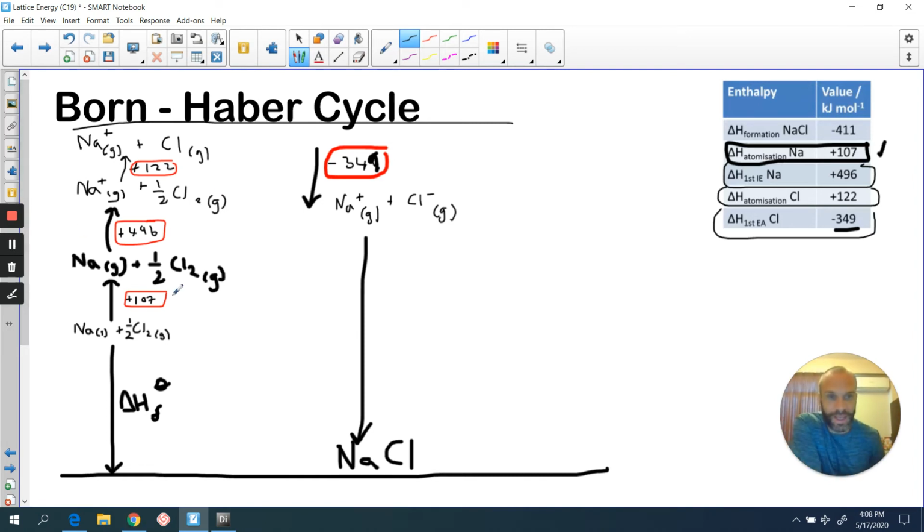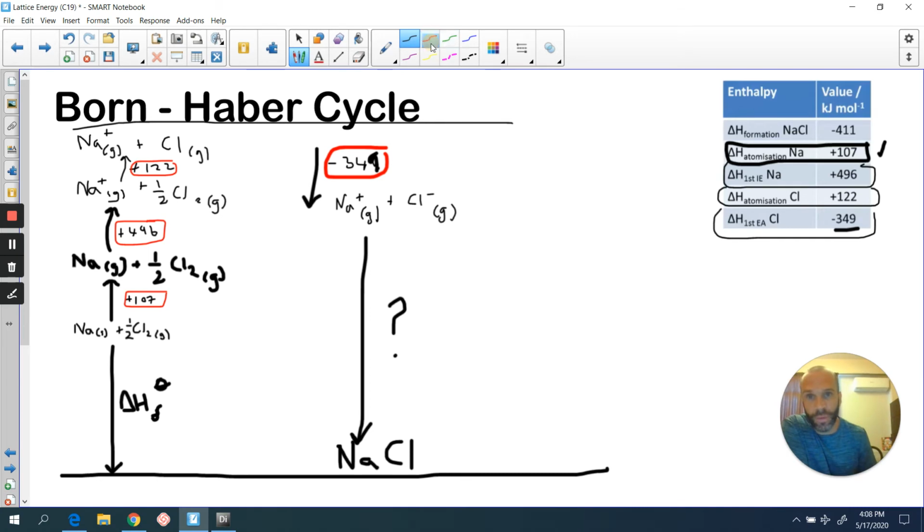Now, in terms of understanding, this is what's really key. This value here, we are trying to calculate, but the problem is we can't do it experimentally. It's not possible. So this is where Hess's law comes in. Effectively, we are going to calculate this value by taking the other route.